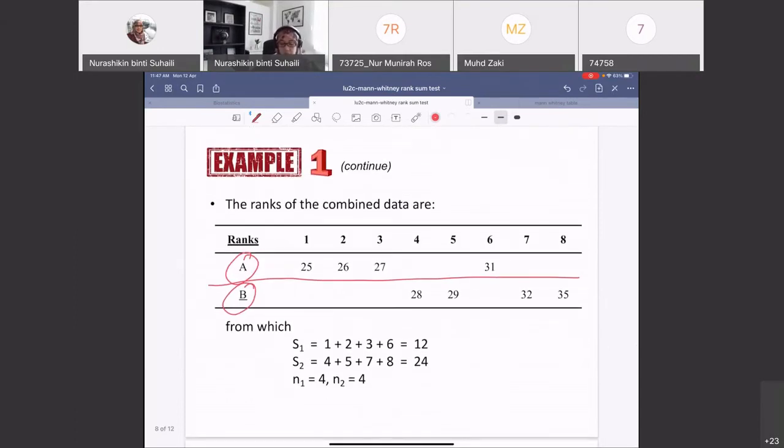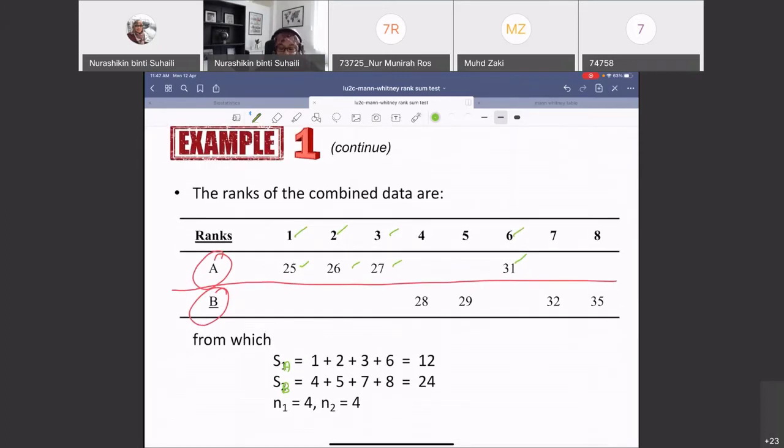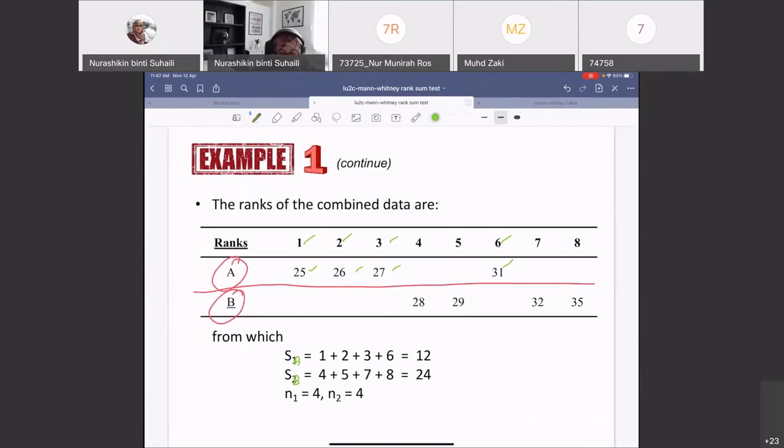Now the next thing that we have to find out is the sum of ranks. What is meant by the sum of ranks? Now we talk about the sum of ranks of sample 1, which is A. So if you see the data for sample A, these are the data and these are their ranks. You have to sum the ranks of the data of sample A, which is 1 plus 2 plus 1 plus 2 plus 3 plus 6.